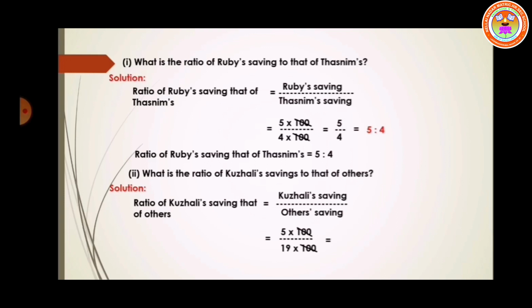The remaining is equal to 5 divided by 19. So the answer is 5:19. Therefore, the ratio of Kulali's saving to that of others is 5:19.